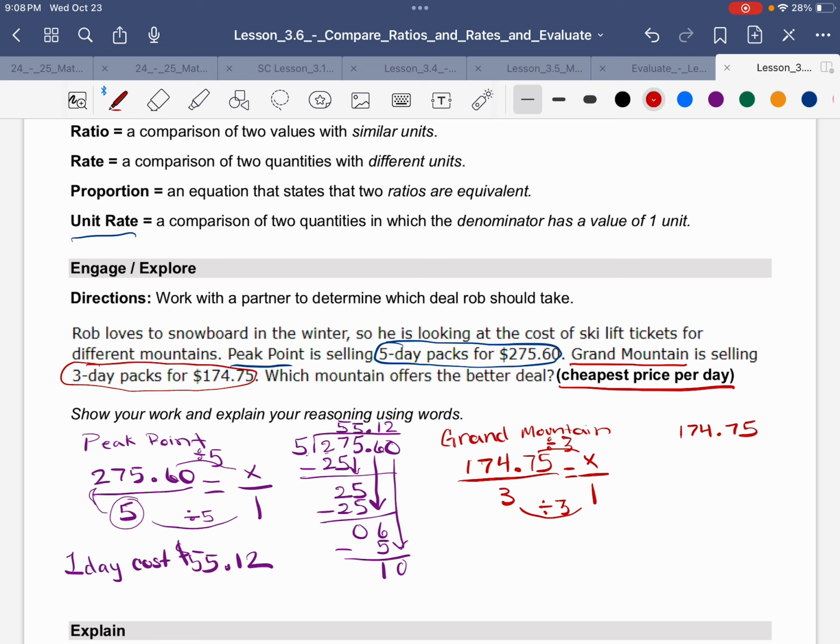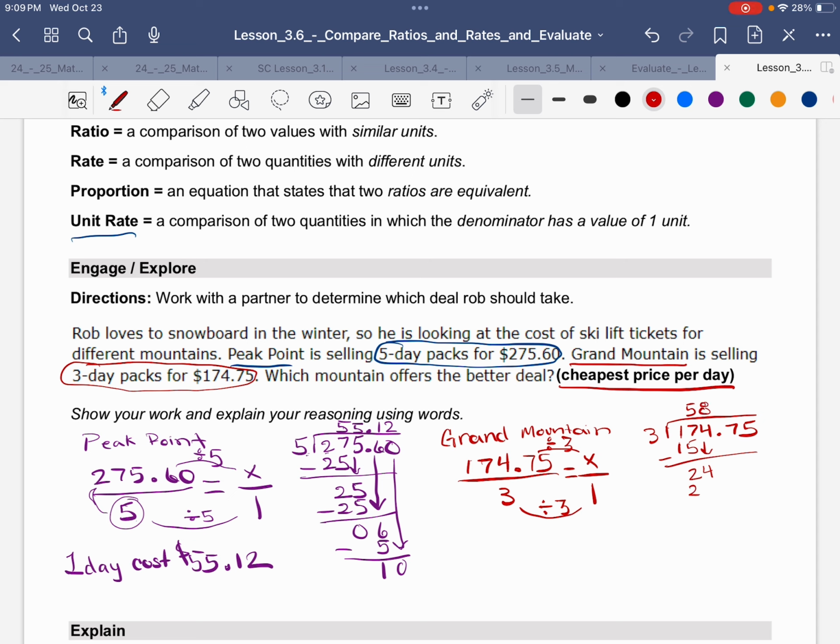174.75. And we're going to divide it by 3. Can't make any groups of 3 from 1, but I can with 17. That's going to be 5 groups. It gives me 15. Do my subtraction, get 2, bring my 4 down. Now I can do 8 groups.